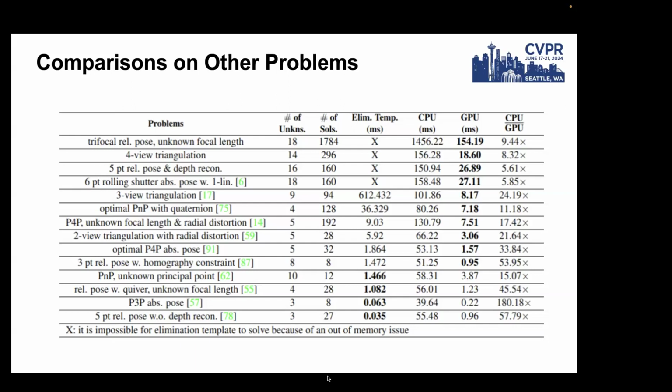For all these problems, we can compare these two rows. We have the CPU implementation of homotopy continuation, and we have the GPU implementation of homotopy continuation. We can observe that some problems are even faster than the elimination template.